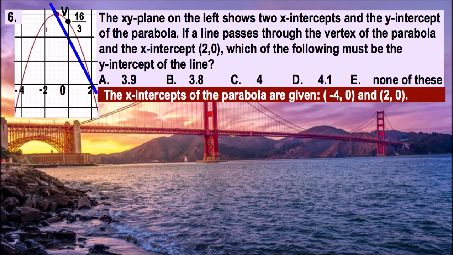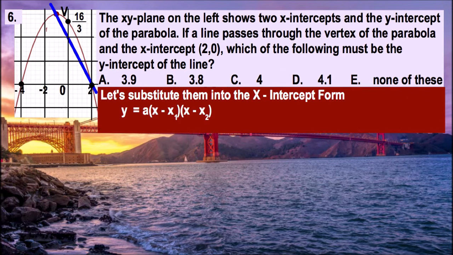The x-intercepts of the parabola are given, and we can look at the graph for that: the point of coordinates negative 4, 0, and the point of coordinates 2, 0. Let's substitute them into the x-intercept form, where y equals a times the quantity x minus x1 times the quantity x minus x2.